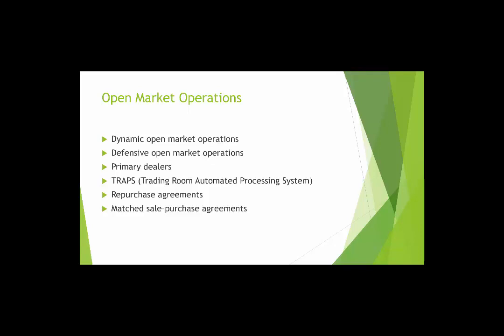Primary dealers. They do open market operations. They usually deal in government bonds, of course, and the Fed's operations are directed, as we already said, by the Federal Reserve Bank of New York.